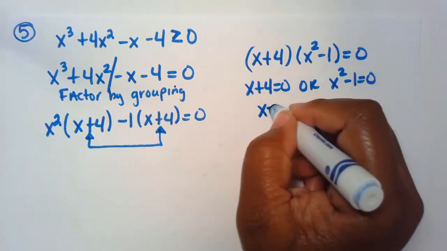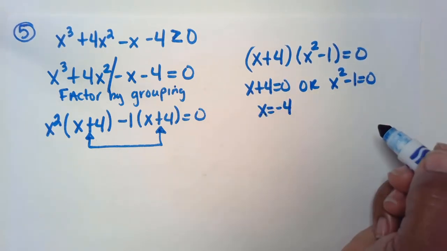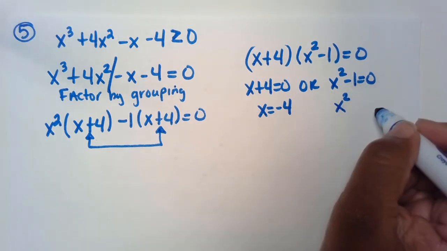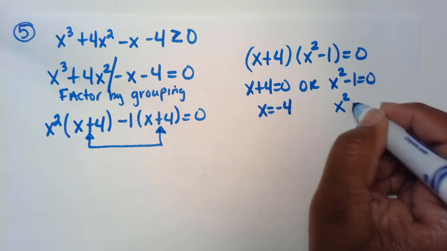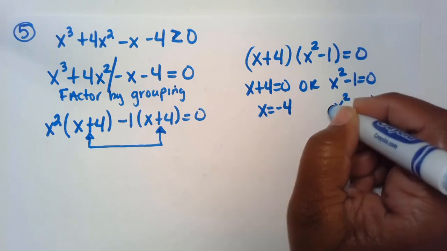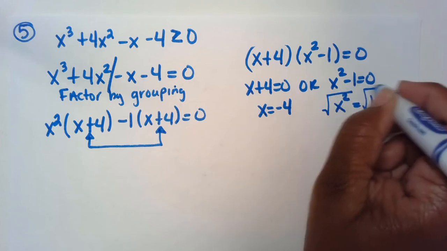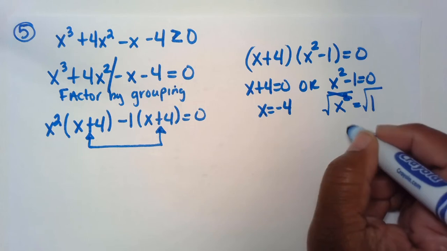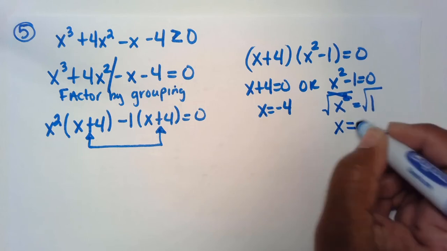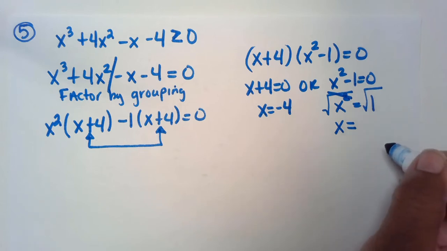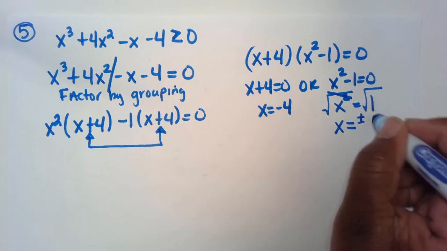And we have x is equal to -4, and then for this equation we have x squared minus 1 equals 0, therefore x squared is equal to positive 1. Since we have a power of 2, we want to take the square root of x squared. On the left-hand side we have x is equal to, using the square root property to solve for this equation, therefore we're going to have two solutions, plus or minus 1.